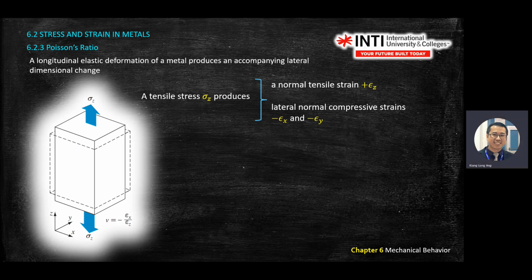The direction that goes perpendicular, 90 degrees to the normal, these two directions are called lateral. Okay, lateral direction. So if I take the cross-section area, let's say I label A, B, C, D.